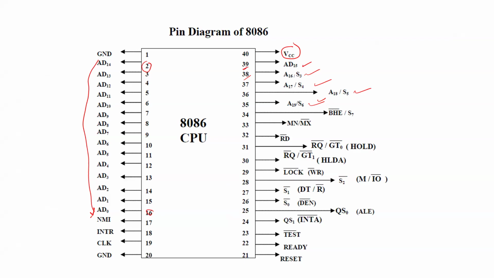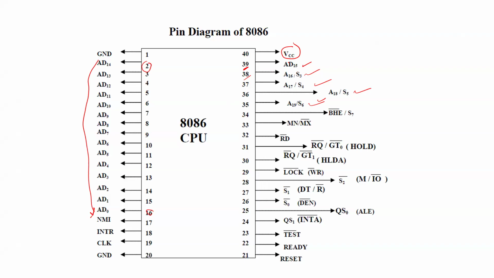These 16 buses are treated sometimes as an address bus, because these are bidirectional buses. So these are the low order address bus. They are multiplexed with the data bus.